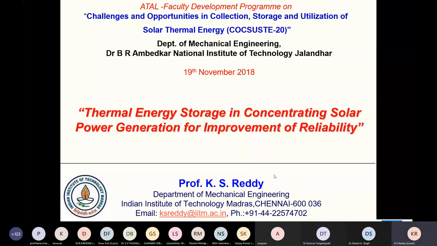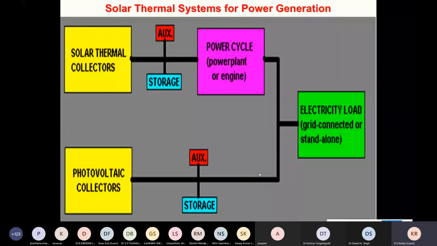That is only possible with thermal energy storage. Energy storage plays a major role in the reliability of power plants.